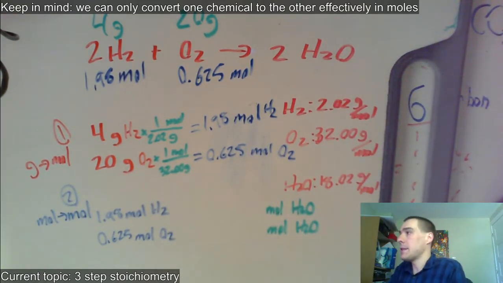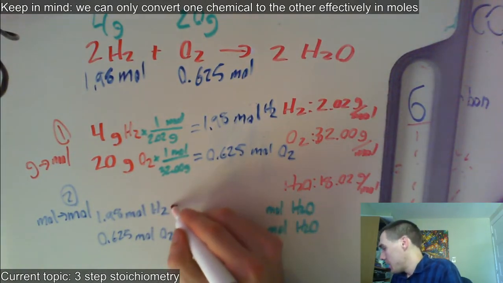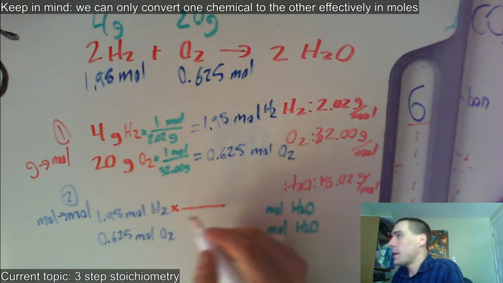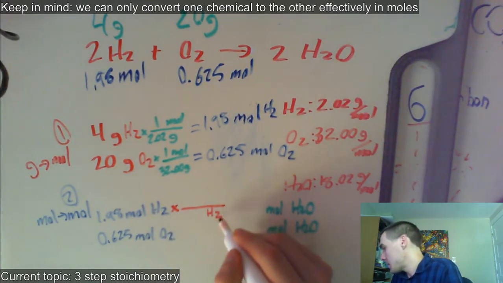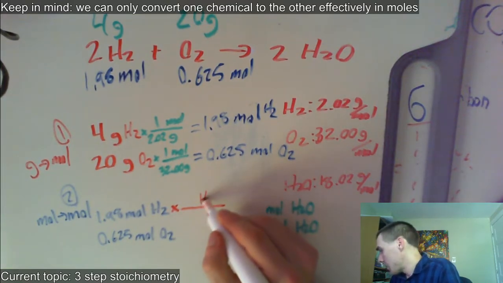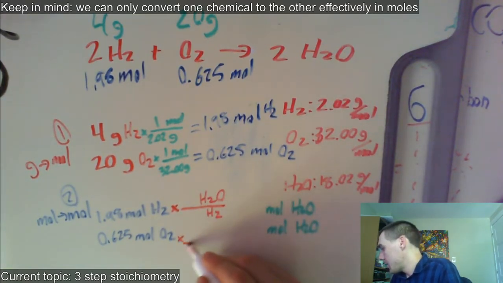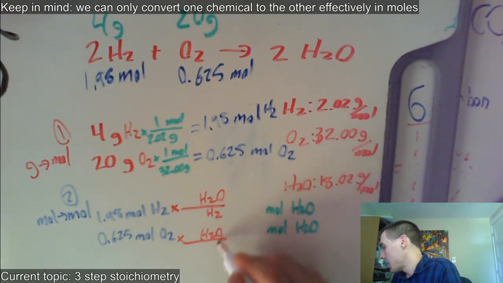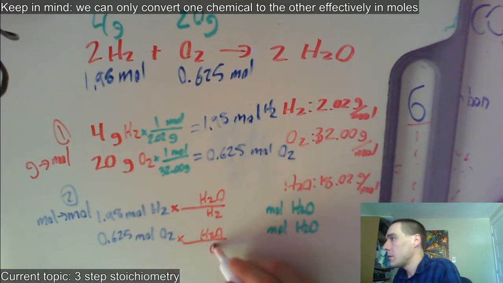And this is what we were practicing in video 3.2. So what do I want on the bottom? I'm going to cancel H2, so I want my H2 on the bottom. On the top, I want my target, H2O. For this one, on the top, I want my target, H2O. On the bottom, I'm canceling the O2.